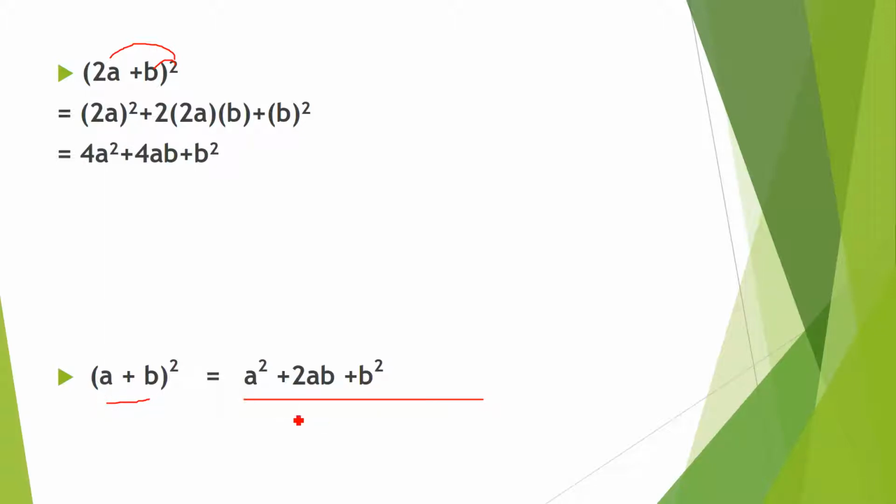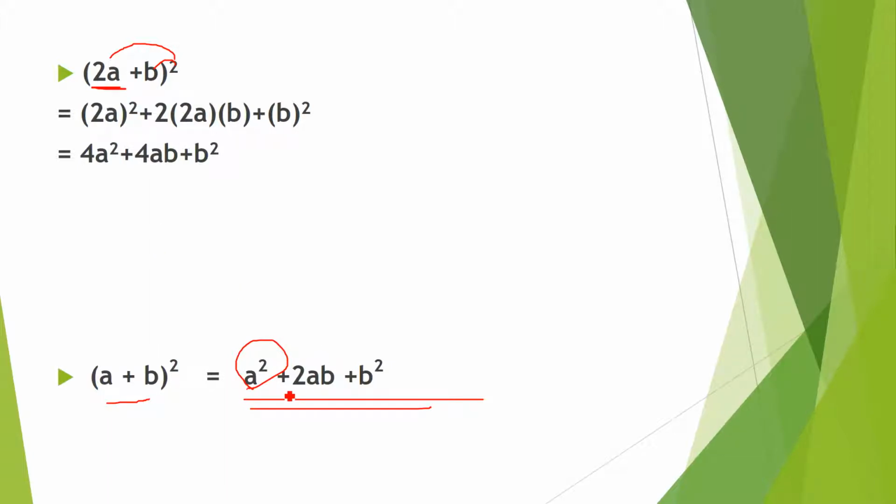So you have to use a square. Instead of a in this question, we have 2a. Whatever you find here, you have to make the square. So it is 2a, and then whole square.